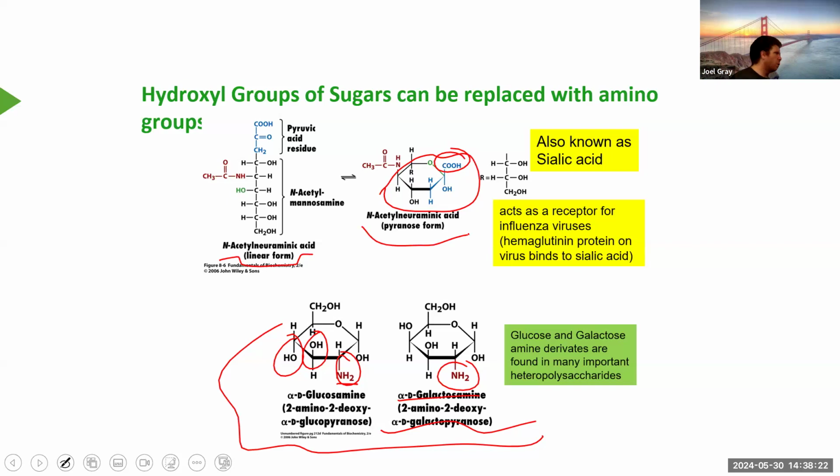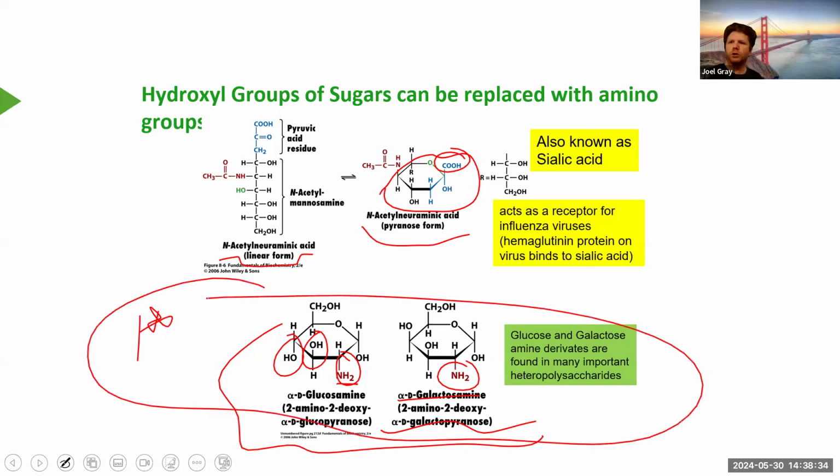So what I want you to know about this, and between the 2 components of this slide, I would say that this bottom portion is maybe a higher priority for y'all to investigate and be familiar with, because this is bringing in what I want you to be familiar with. Those hydroxide groups are sites of modification.